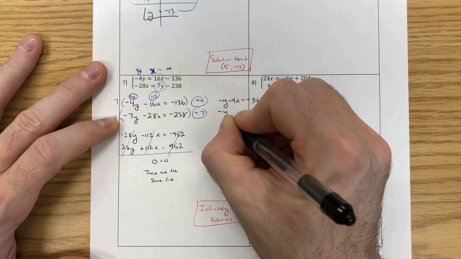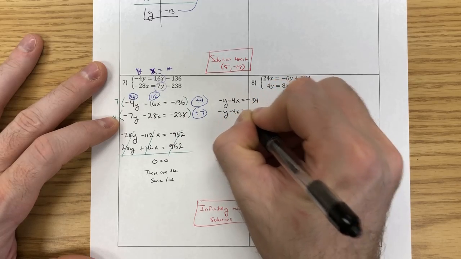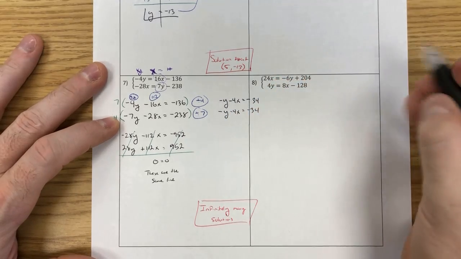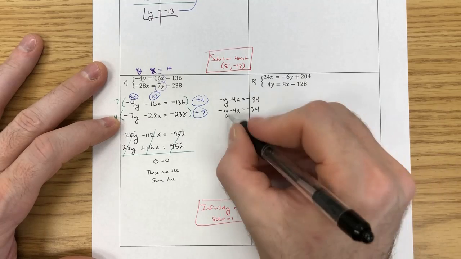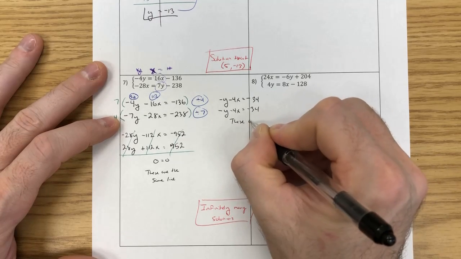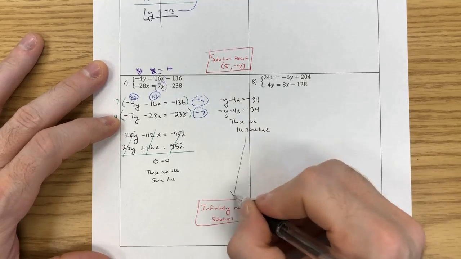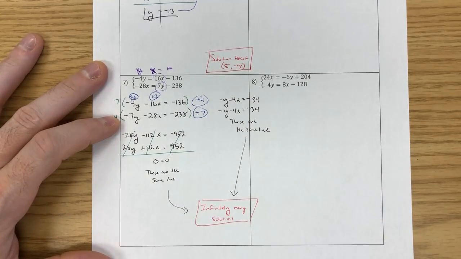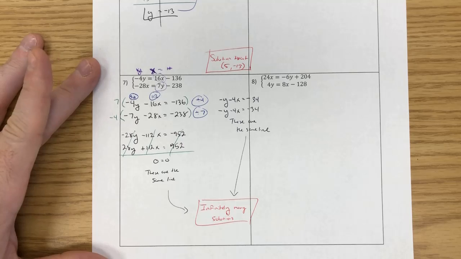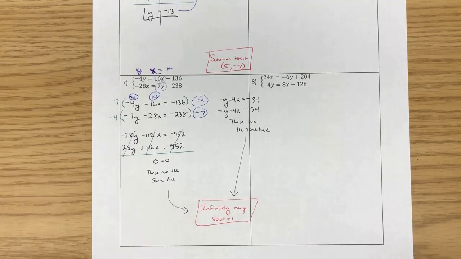Divide by 7, negative y minus 4x equals negative 34. We notice that again, these are the same line, which in both cases means that there are infinitely many solutions. And there we go.